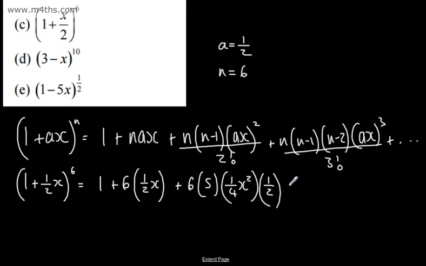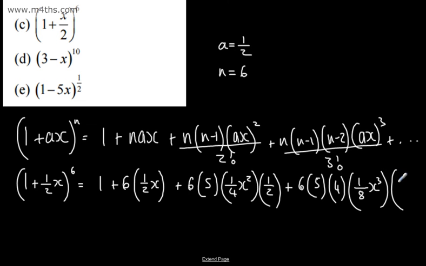Entirely up to you. Plus 6, 5, then we're going to have 4, then we're going to have now ax, which we need to cube. So that will be 1/8 x cubed, and then we've got 3 factorial. 3 factorial is just going to give us now 6. 3 times 2 times 1. So that's 1/6, plus ... and so on and so forth.